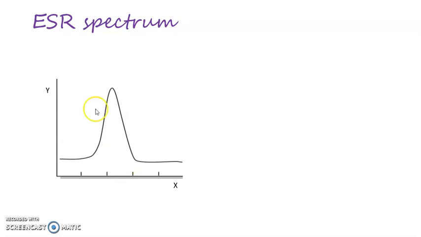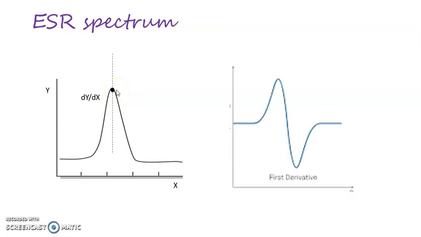If we take the slope, that is dy by dx, this part has a positive slope, this part has a negative slope, and for this part the slope is 0. So if we plot dy by dx against x, the graph should be like this.